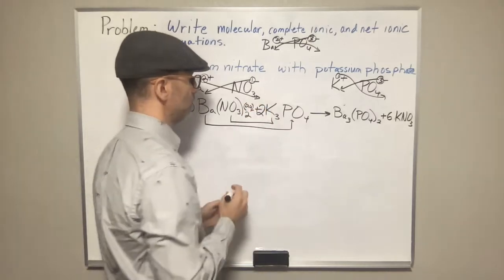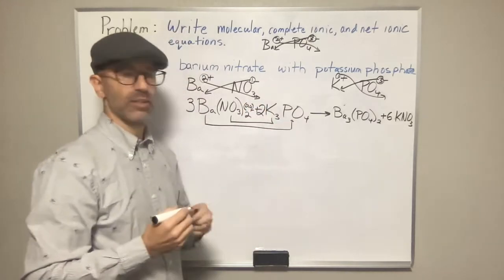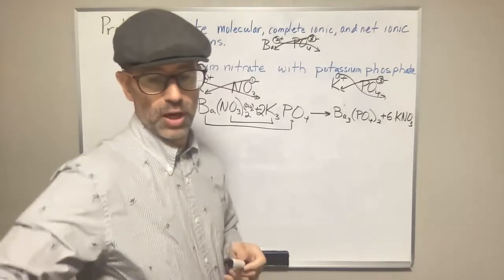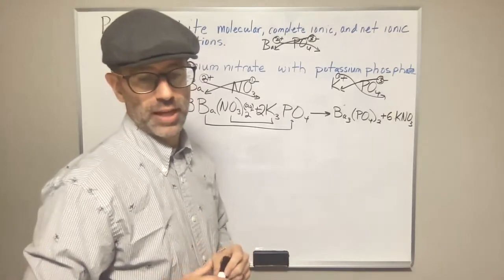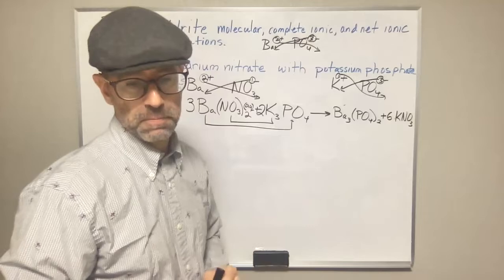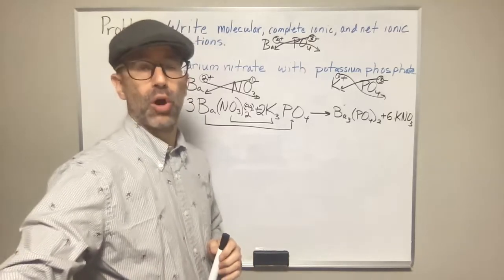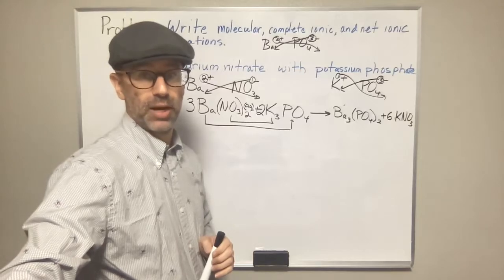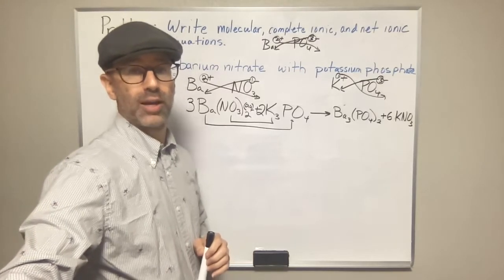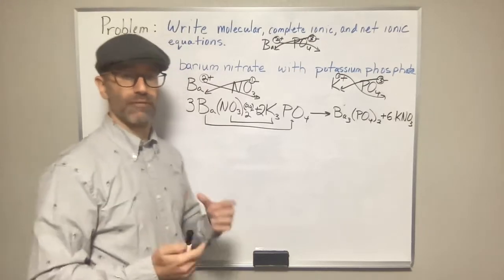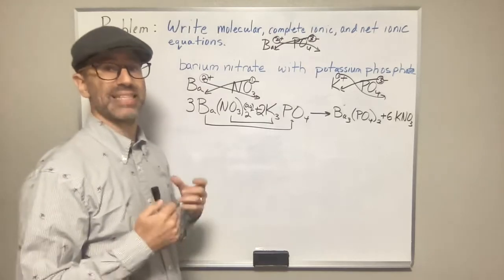So that's aqueous. And phosphates, what's the rule for phosphates? If we look, it says all salts that contain phosphates are insoluble except for group 1A elements or metals. So if you have a group 1 element with your phosphate, then it's going to be soluble.